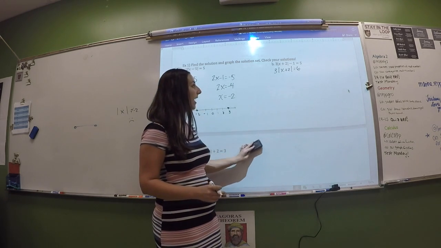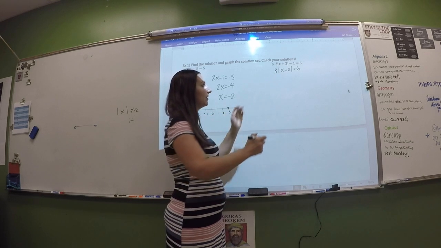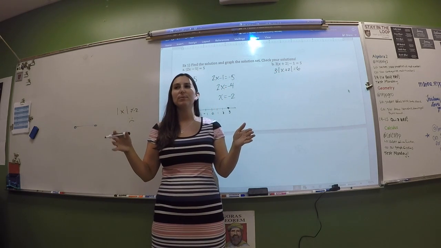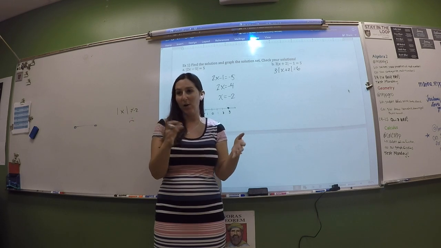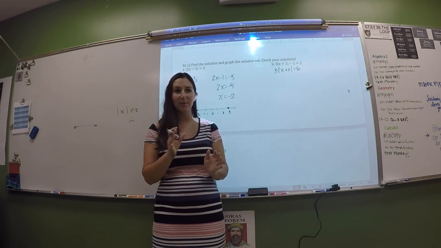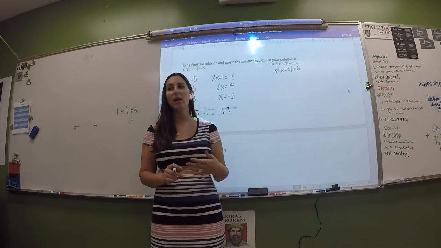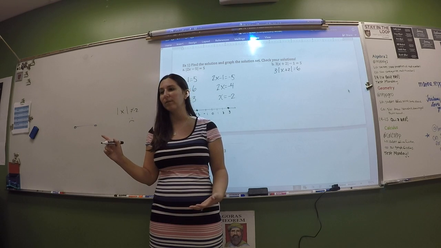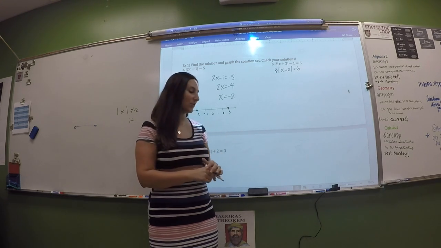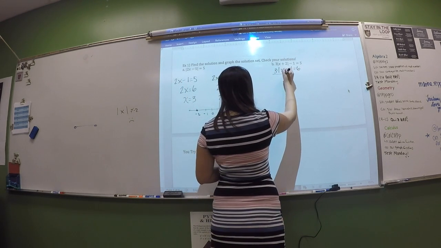We cannot do that here, even though these are being multiplied. Think of the absolute value sign as like a wall. You can't go through it. So you've got to stop and think, what else can I do to get rid of that 3? Divide. I can divide. So you cannot distribute, and you will not distribute ever. Not now, not later. It doesn't change, ever. Got it? So our only option is to divide by 3.